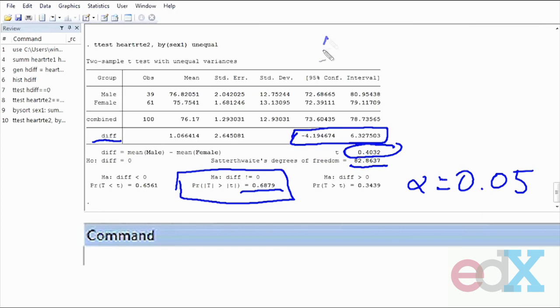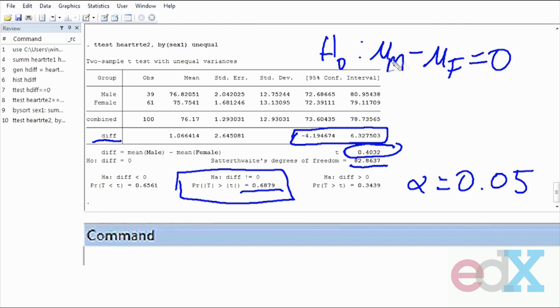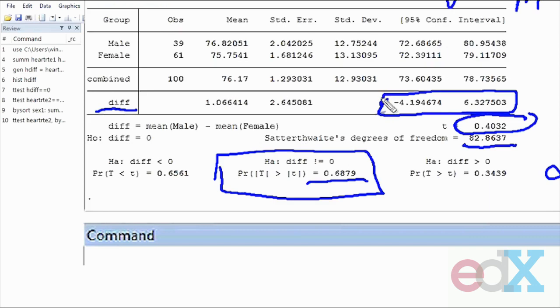Now we could rewrite our null hypothesis as such, that mu of males minus mu of females equals 0. And our alternative would just be that that difference is not equal to 0. So we can see here that our 95% confidence interval for that difference, mu m minus mu f, is negative 4.2 to 6.3.